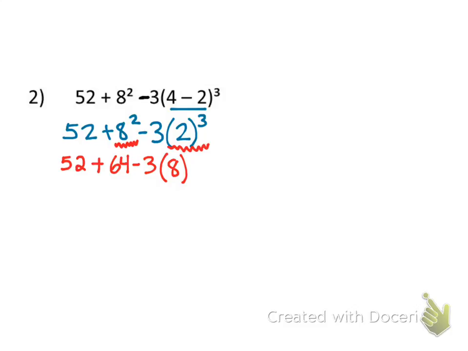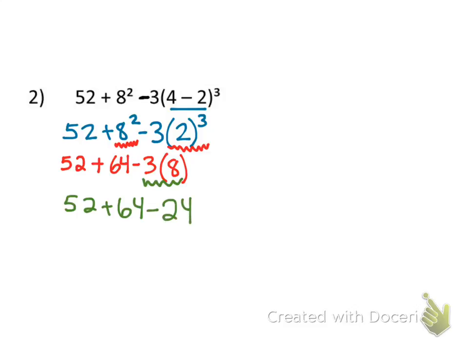Alright, so I did parentheses, I did exponents. Now I'm on what step? Parentheses, exponents. Yeah, so we're on multiplication division. So we're back here. 3 times 8 is 24. So I have a minus 24.